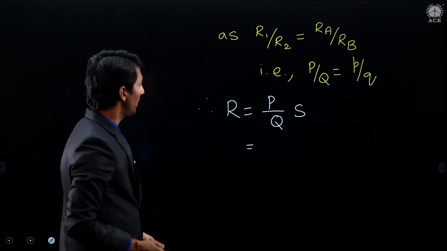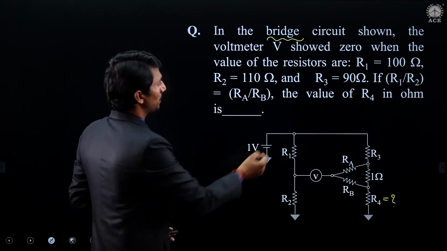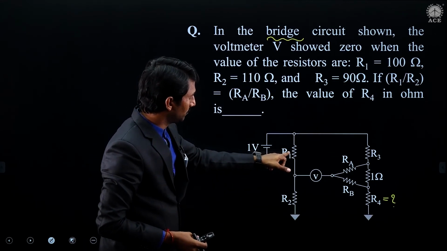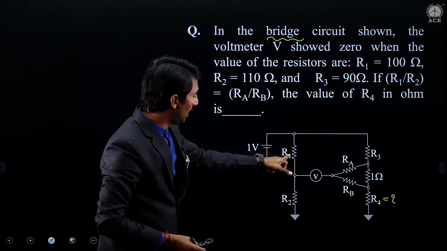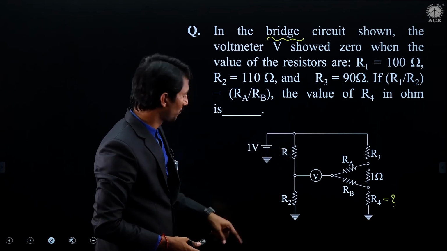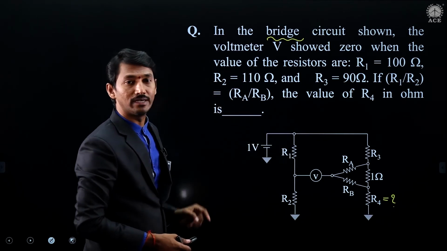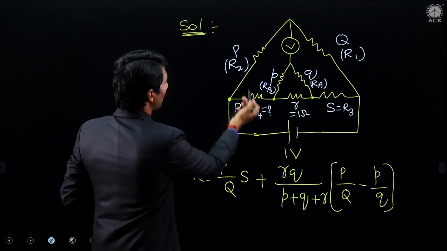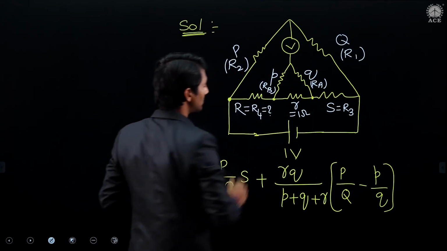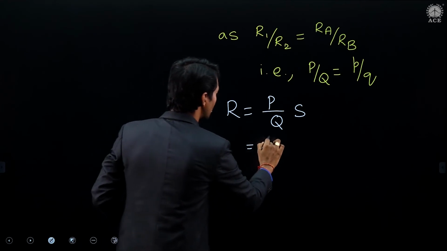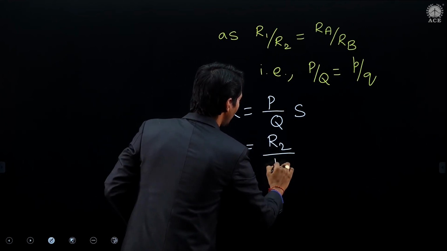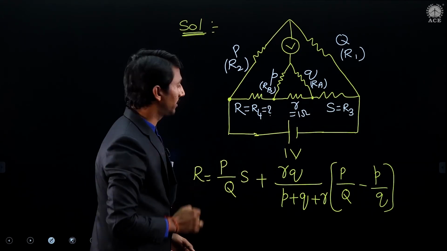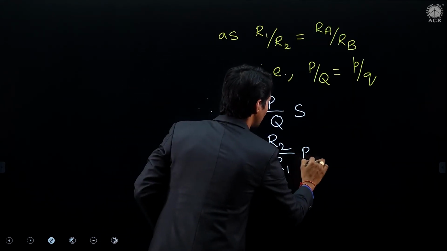Let us go back. What is P and what is Q here? R1 is 100, R2 is 110. What is R1 here? This is R1, which is Q. This is R2, which is 110. So here, P is R2, Q is R1, S is directly R3. He has given S is R3.